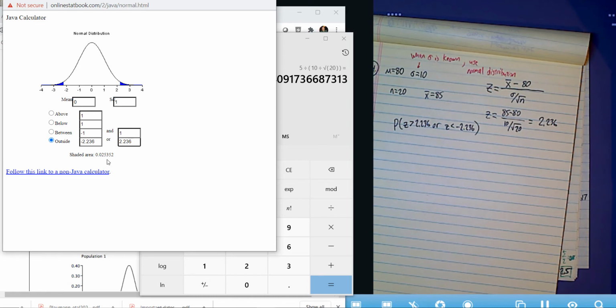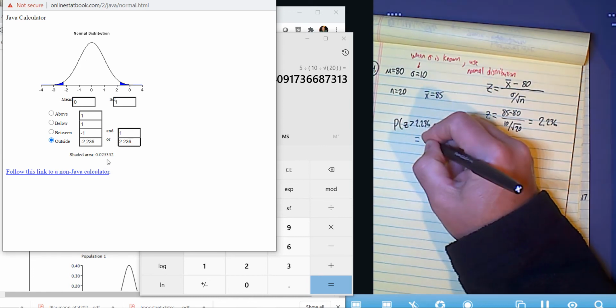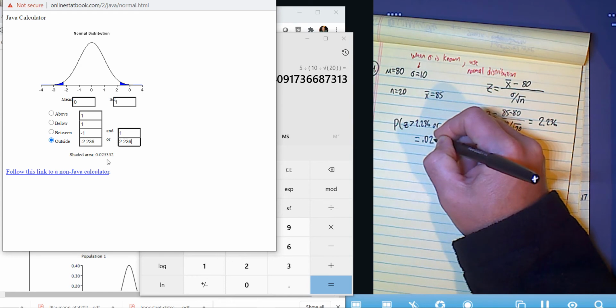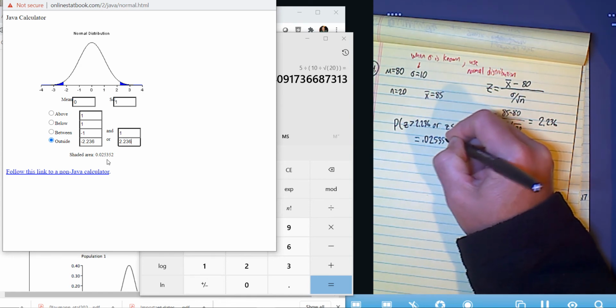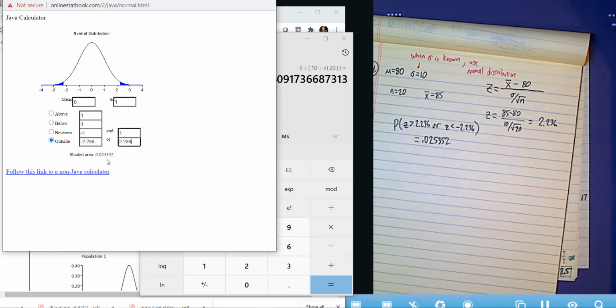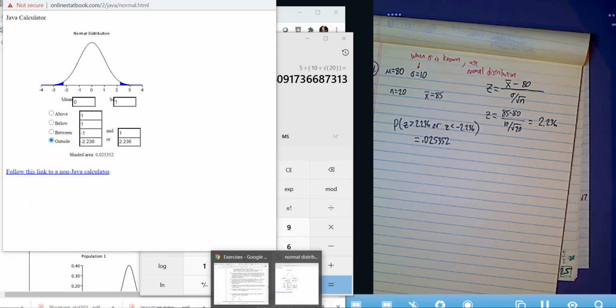And it says that that shaded area is 0.025352. So about 2%.